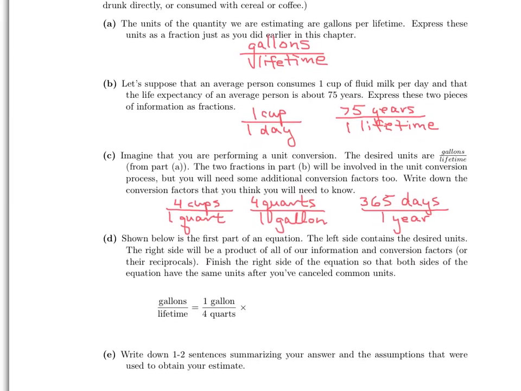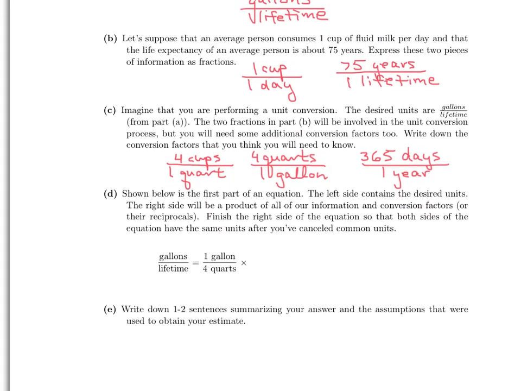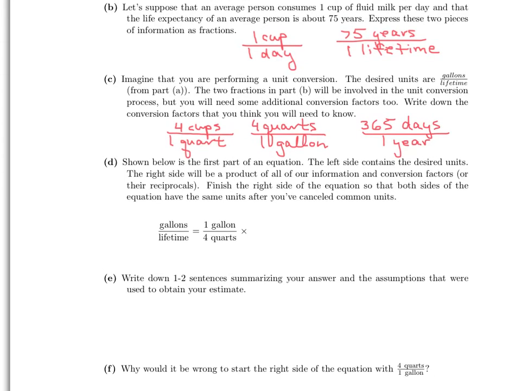Okay, so let's move on to the next part of this. Part D. Shown below is the first part of an equation. The left side contains the desired units. That's right here. These are the units we're trying to get.